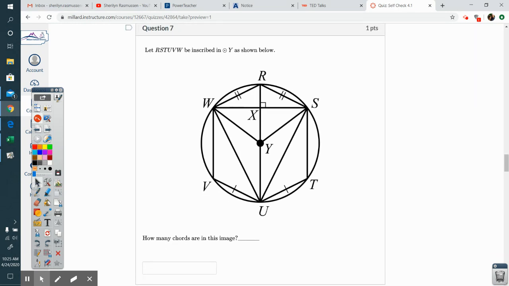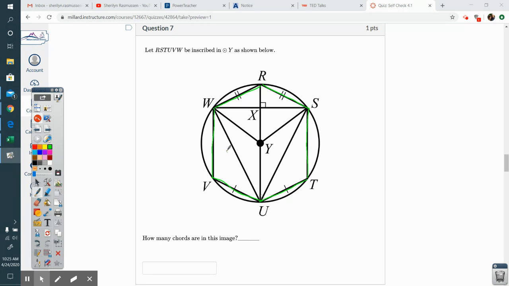But all circles are similar to themselves. Okay, so for this problem, it says how many chords are there in this image? So we're going to go through the chords, each one by one. It has to touch the circle on two spots. So UT is a chord, so that's one. Touch the circle on two spots, 2, 3, 4, 5, 6.